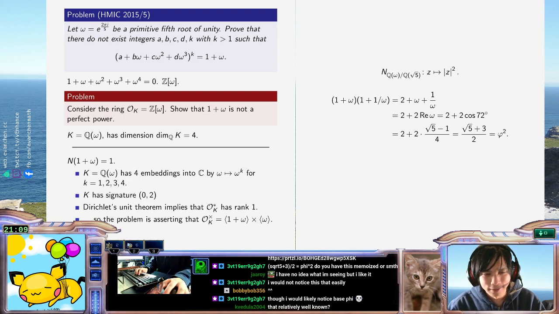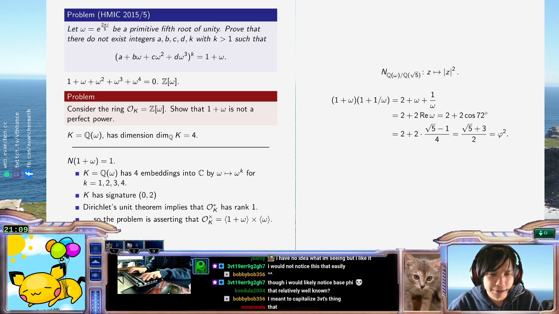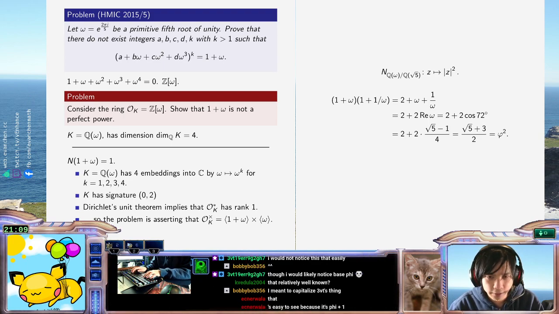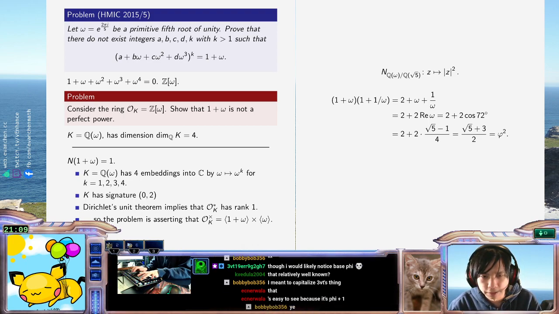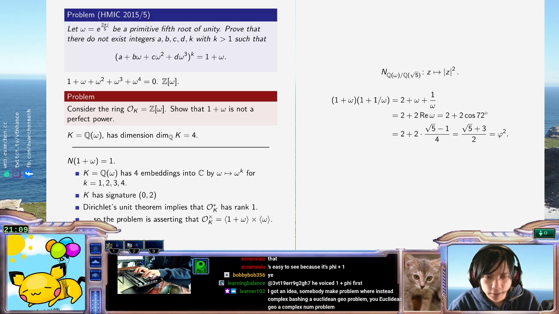So cool. If there was a number z such that z to the k was equal to 1 plus omega, then taking the absolute value squared of both sides would imply z to the 2k is equal to phi squared.